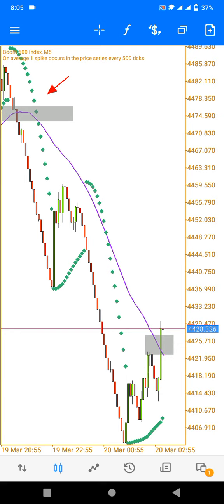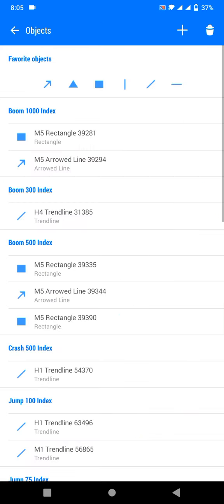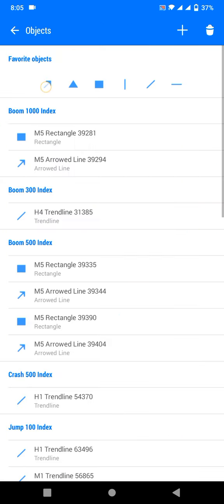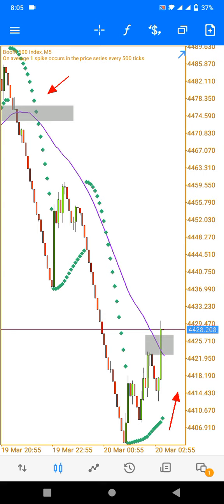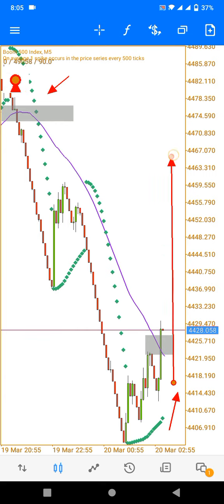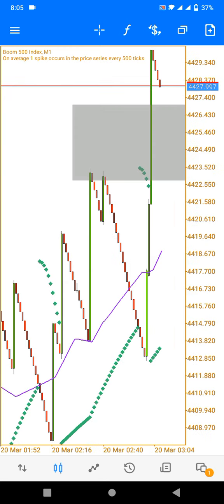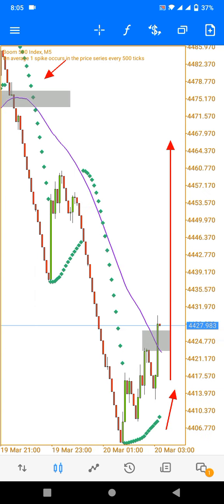You can see the parabolics are showing that the market is going up, and the middle Bollinger Band also shows that the market will go up. Look here, it has crossed the candle, and from the downside it wishes to go here. Okay, look here, M1 is showing a clear buy, so go for M5 and enter your buy trade. This is the condition for buy.